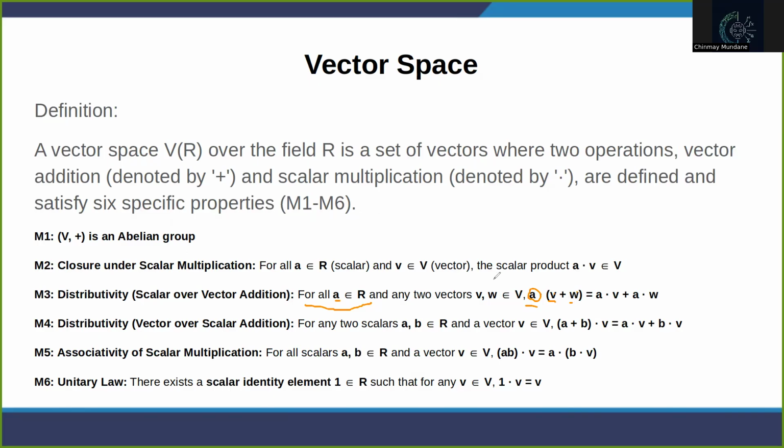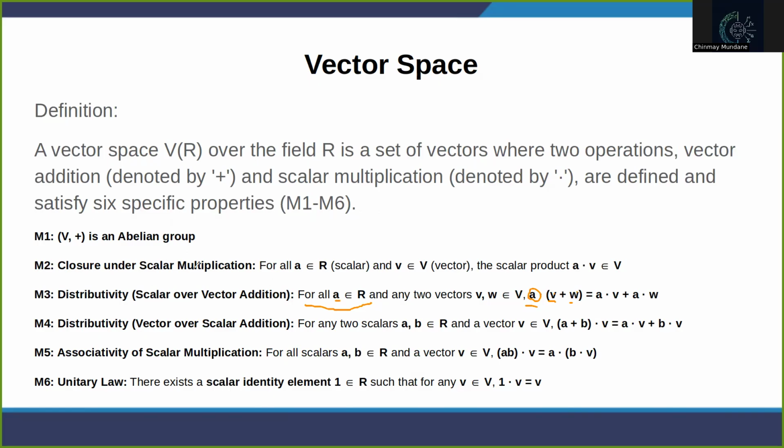I've told you the distributive closure is basically where both the real number and vector V lie under the same space. So this is like the distributive property of scalar over vector addition.